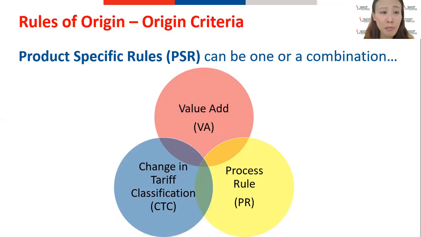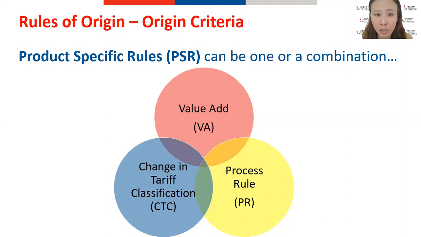Older businesses may be familiar with the general rule concept, where there's only one rule in the past. So like for ATIGA, there was only the 40% rule. But now, there are other ways to hit, which is why in most of the newer FTA or the renewed FTA, you will see product-specific rules.